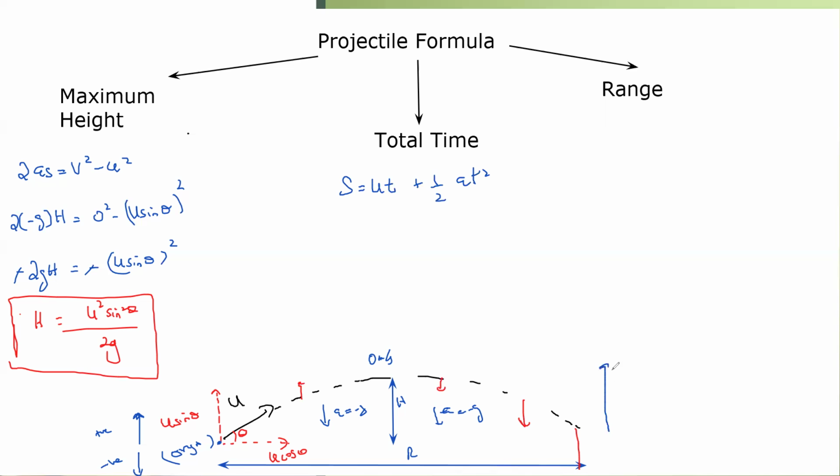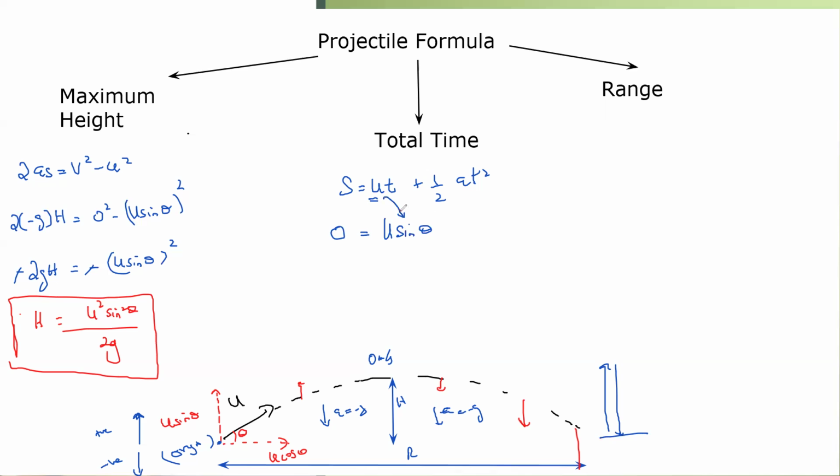It goes up vertically and then comes down to the same level, so the vertical displacement is 0. Because I'm using vertical displacement, for the initial velocity I have to substitute the vertical component, u sine theta.